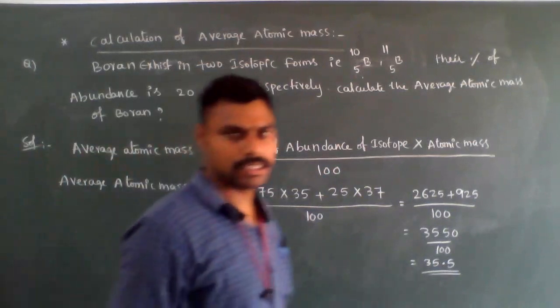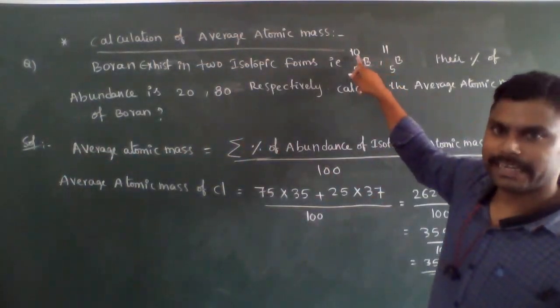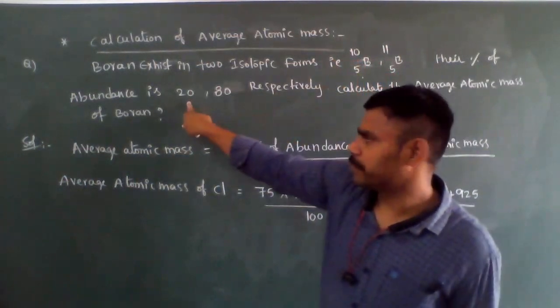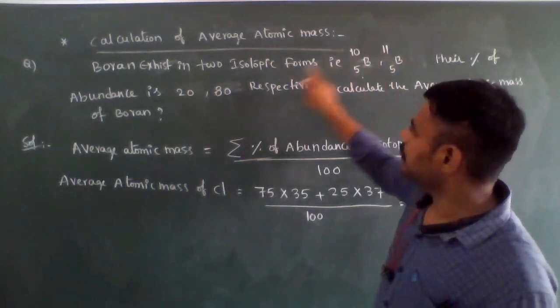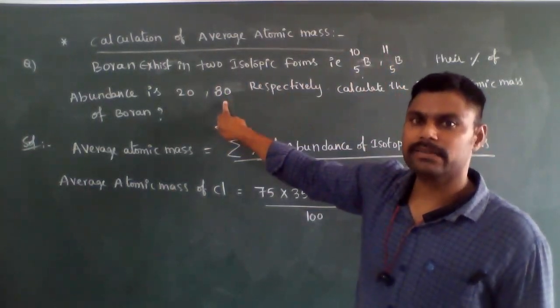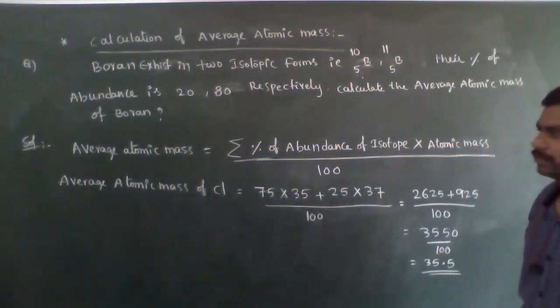The isotope B10, how much is its percentage abundance? 20%. Another, 11, its percentage is 80% respectively. What is the average atomic mass of boron?